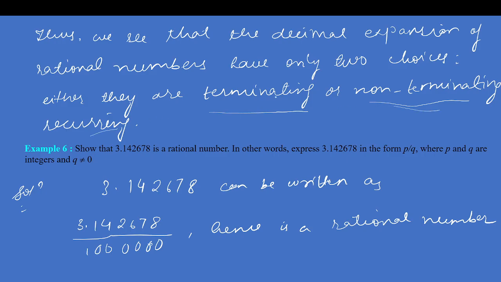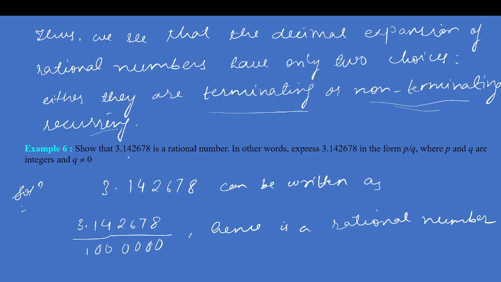Either it is terminating, meaning the remainder becomes 0 and the expansion terminates, or it is non-terminating and recurring, where the remainders keep on repeating and your division will not terminate. It will just recur after some numbers. We will see some examples so that this becomes clearer.